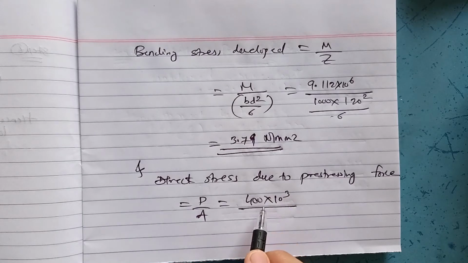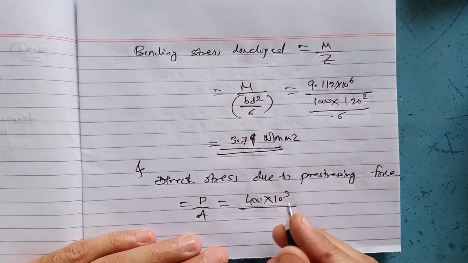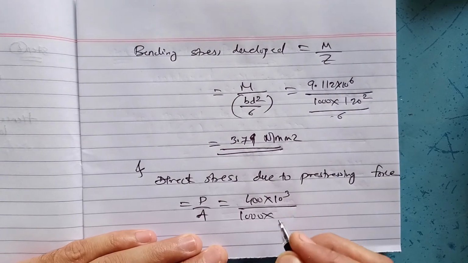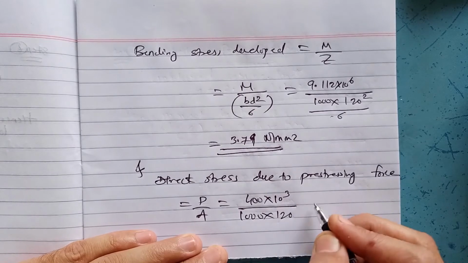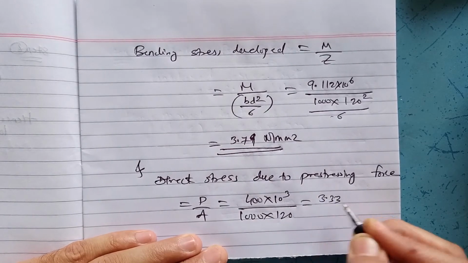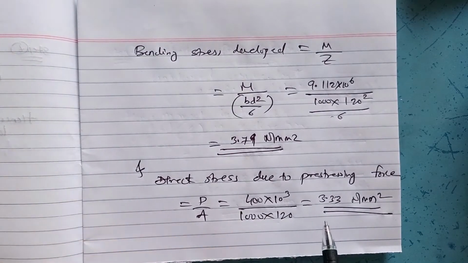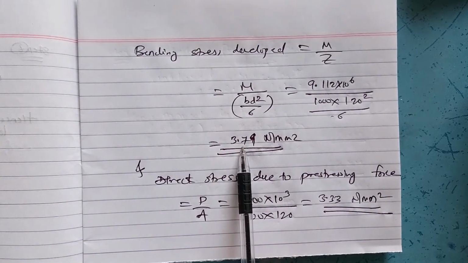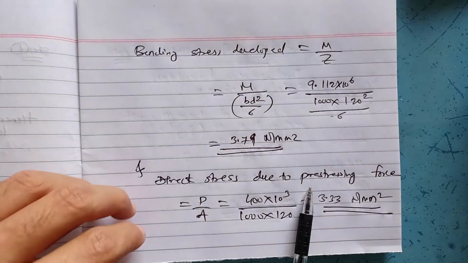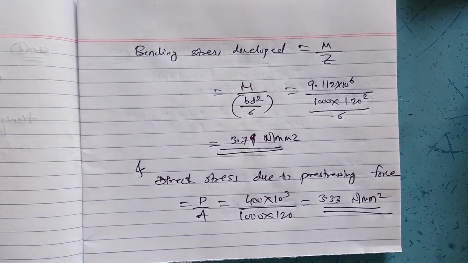And 4 cables are placed per meter length, so total force carried will be 400 kilonewton; converting it into Newton gives 10 raised to 3. Area, that is per meter width into thickness, will give 3.33 Newton per mm square. This is the bending stress developed, and this is the direct stress due to pre-stressing force.